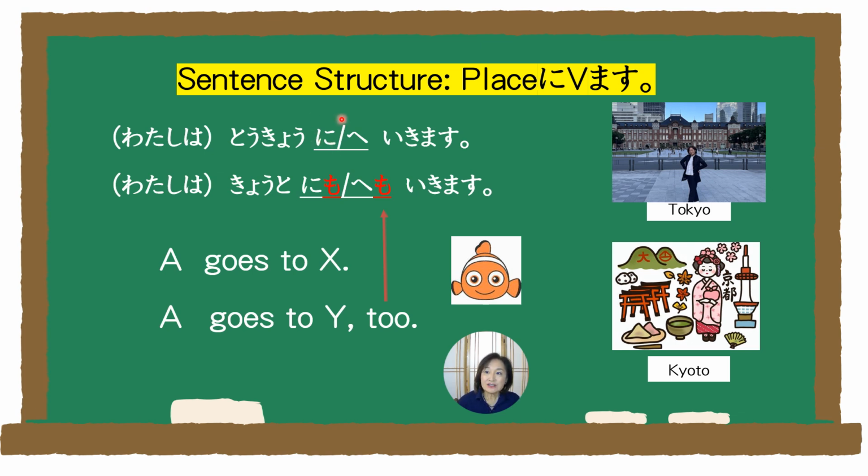Alternatively, you can use へ in the same way because the particles に and へ are interchangeable when marking a destination. So you can also say 京都へも行きます。In both cases, you are expressing that you go to both Tokyo and Kyoto.